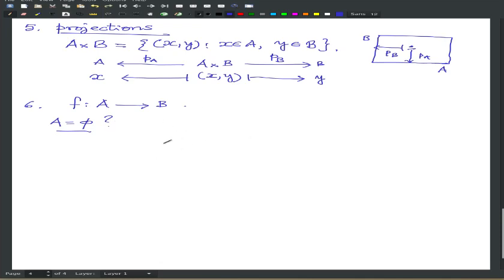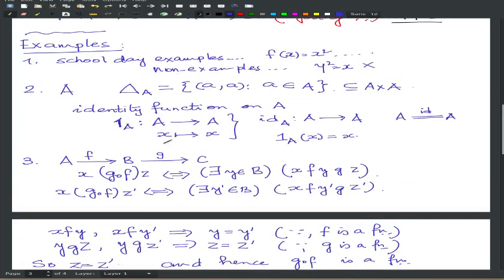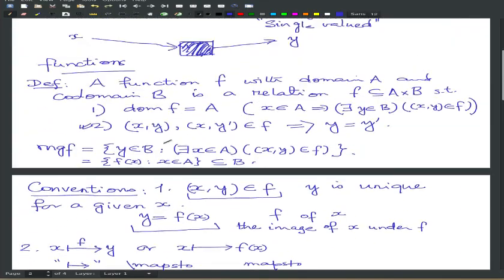Now look into this definition. The definition says, firstly, if you have to write that f is a function from A to B, it must satisfy this statement, the first one. The second one is this statement. And the third one is this.